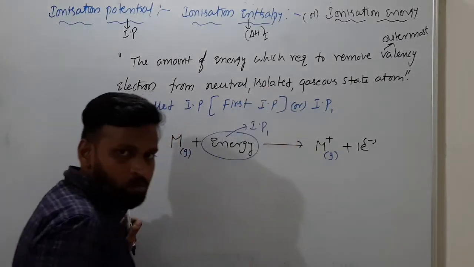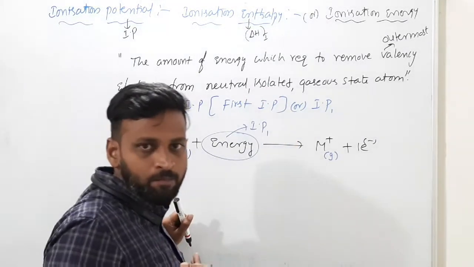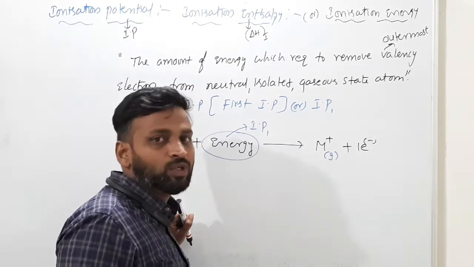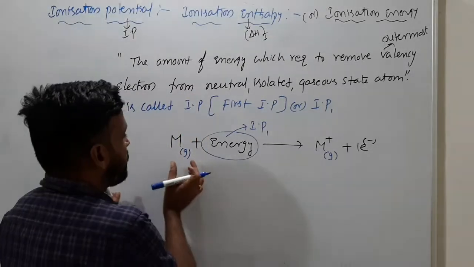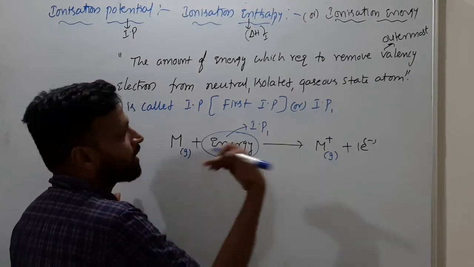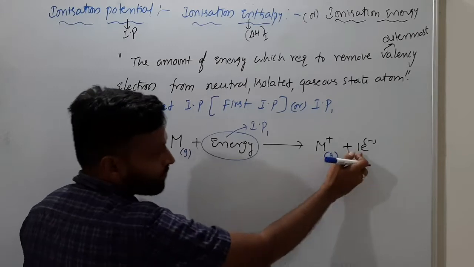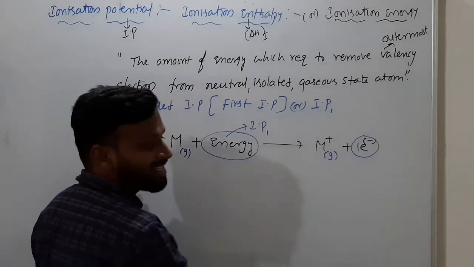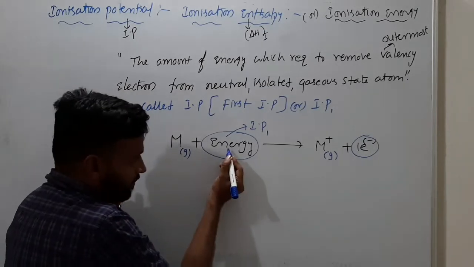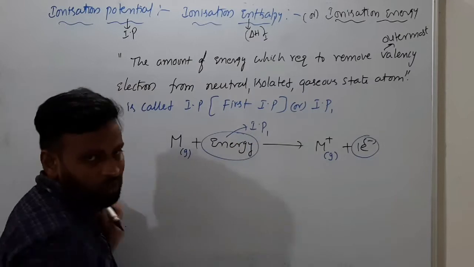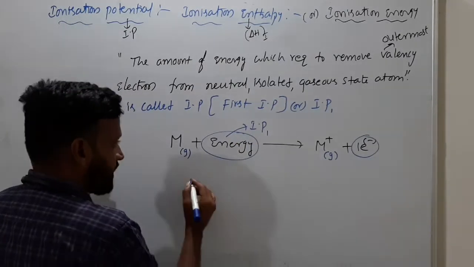Isolated means single. I am not isolated because I am not single, but you are isolated because you are single. So from isolated atom M, you are removing one electron, a valence electron, and this amount of energy is required. This is the ionization potential.